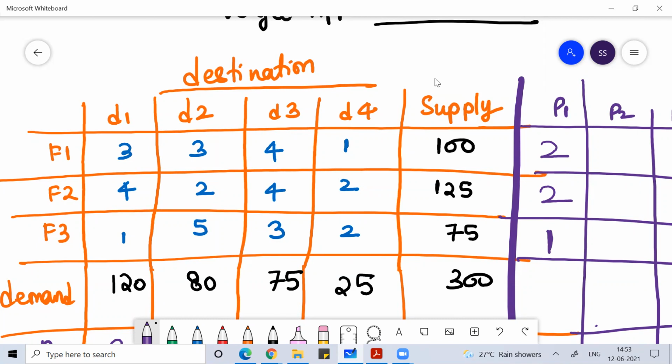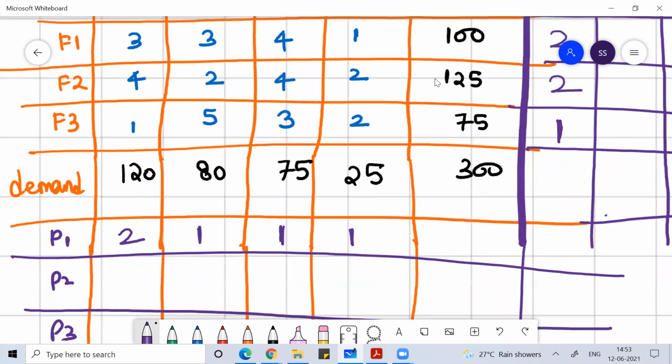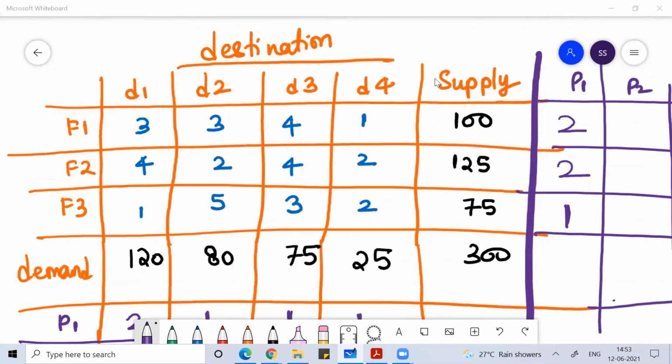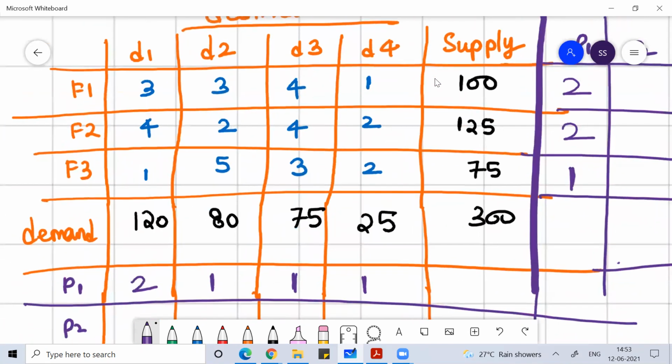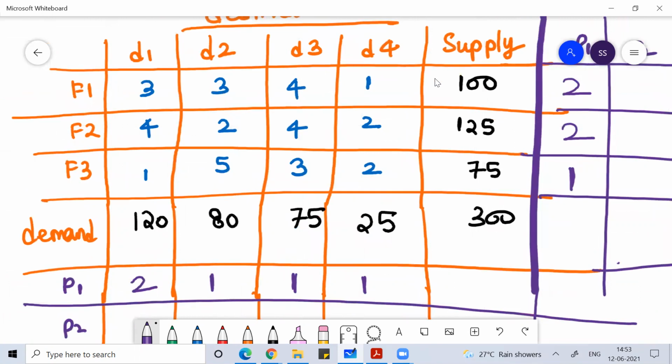Now once you have found these penalties, pick the penalty which is the largest one.